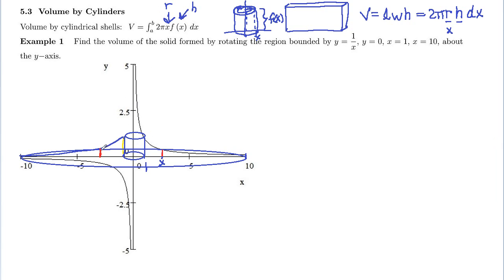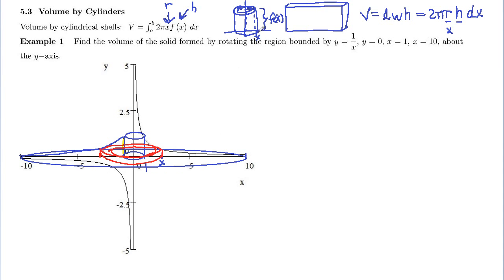And so I'm going to get something that looks like this. And it's going to have a small thickness on the inside. So that's a little shell. We're going to add those shells up starting from this shell right here, which is a radius of 1, out to the shell at radius of 10. This is part of it right here.